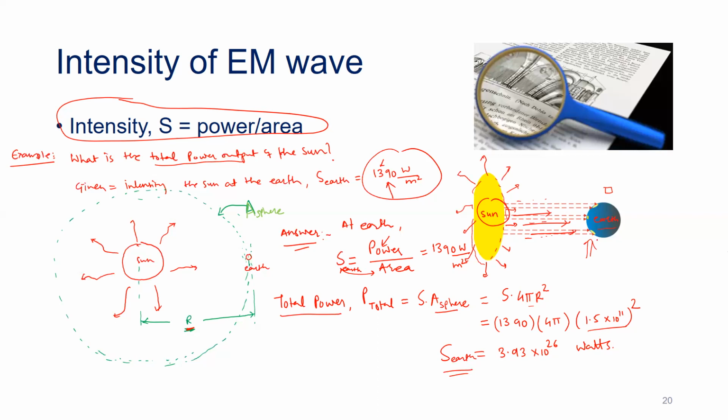The rays coming at the earth, we can know the intensity of that. It's 10 to the power 26 watts, a very high intensity of waves coming onto the earth. But what about the intensity of the electromagnetic waves at the sun's surface? Can we calculate that? Yes.